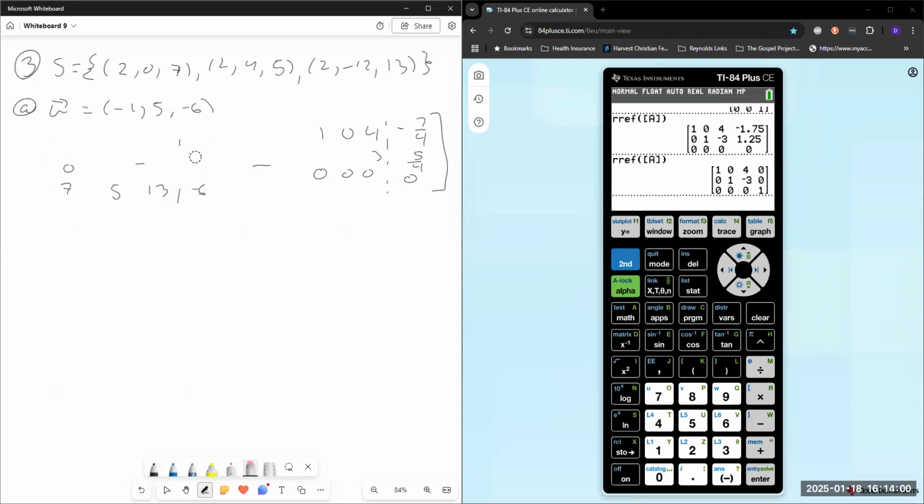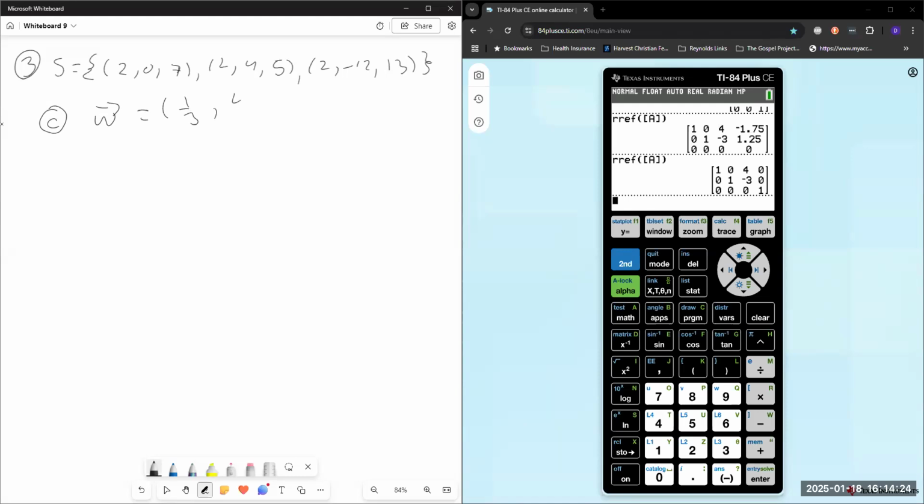Part C, using the same S. And it says W is equal to (1/3, 4/3, 1/2).